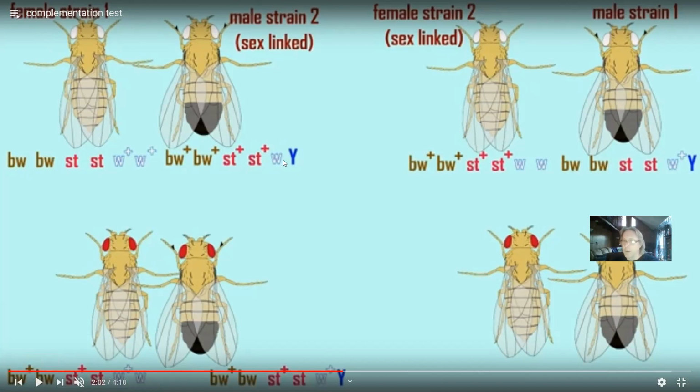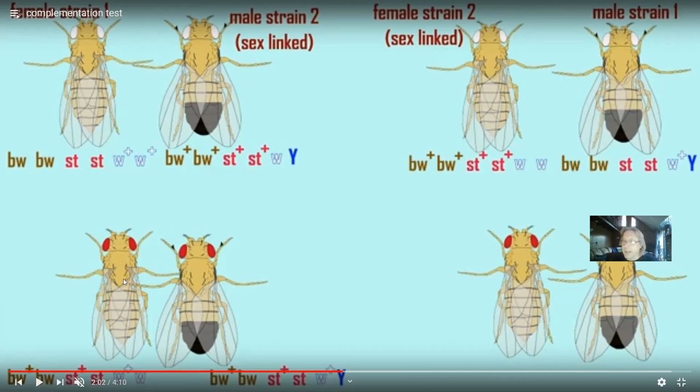Their mutation was in the white gene. Whereas the other parent has wild type alleles for the white gene; their mutations were in brown and scarlet. Either way, this fly is not homozygous for any of these mutations, brown, scarlet, or white, because it gets a wild type allele for all 3 of them.